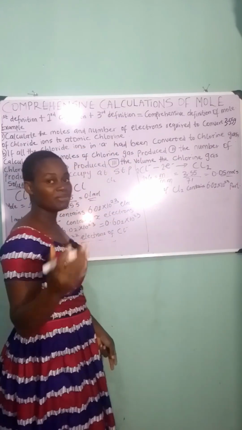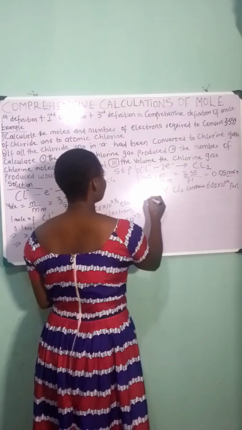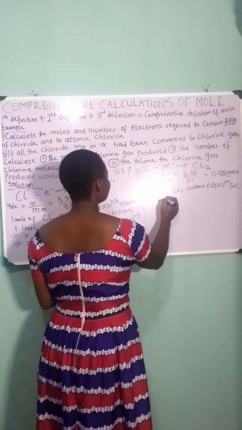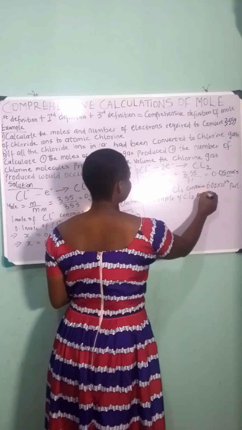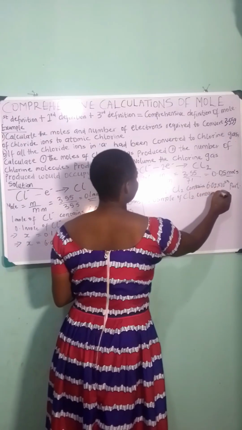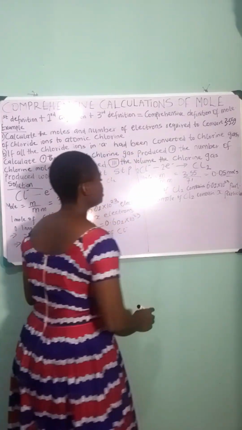Now what is the number of moles gotten for chlorine gas? 0.05. So 0.05 moles of chlorine gas contain X particles. That is the stoichiometry relationship.